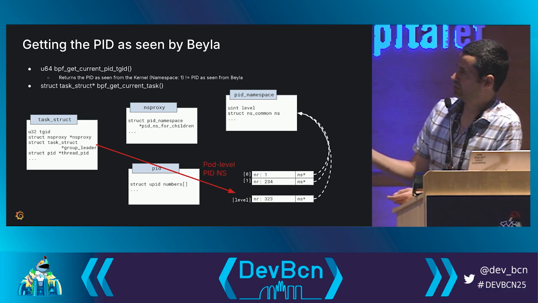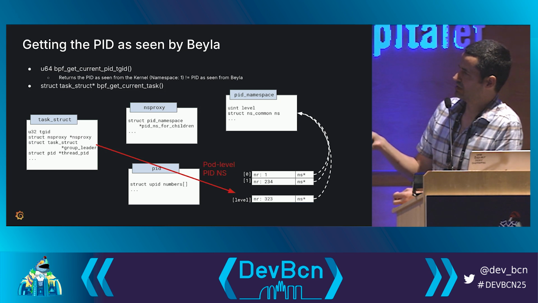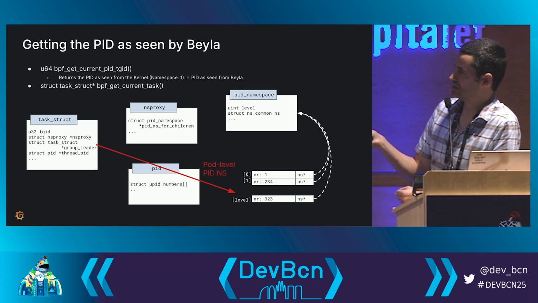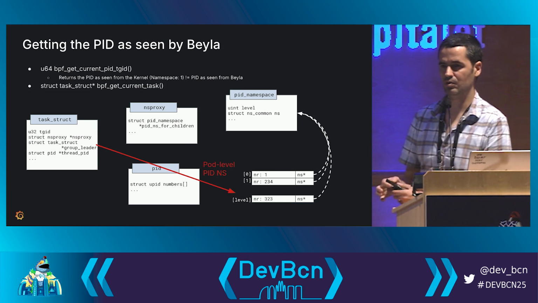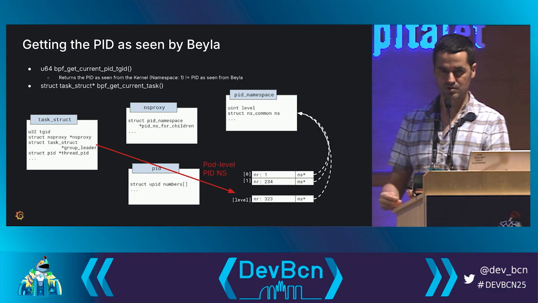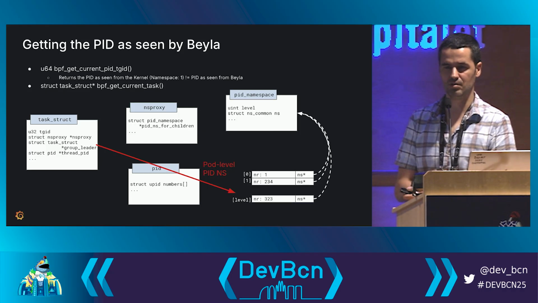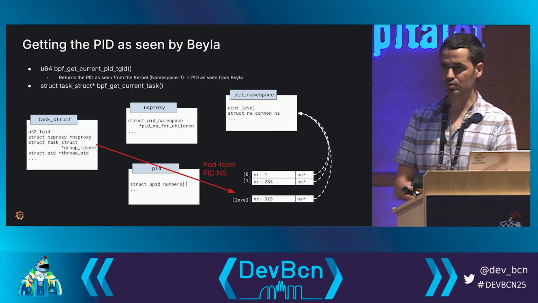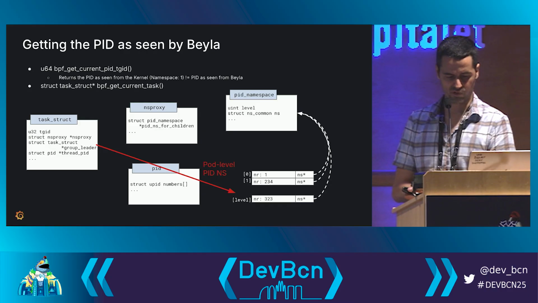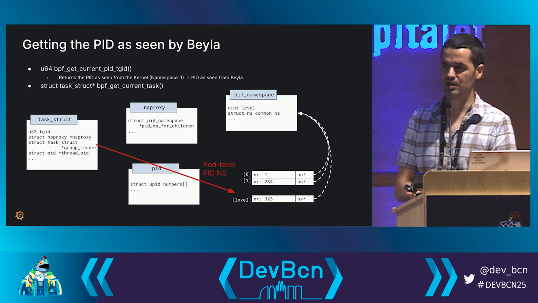Here we have, for each namespace, the PID under which this process is visible. So we need to go very, very deep into the process scheduling layer to be able to identify which process our tasks belong to.